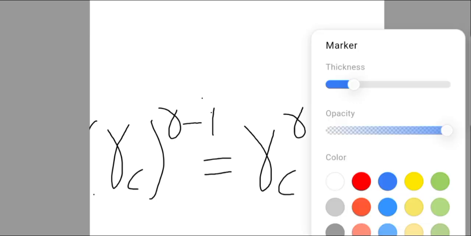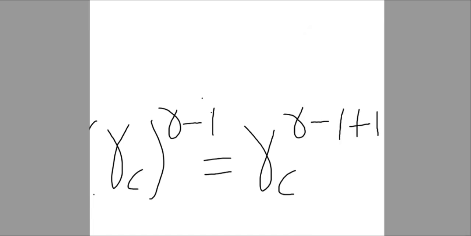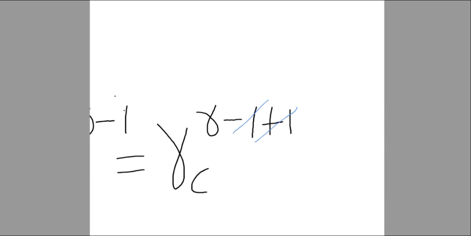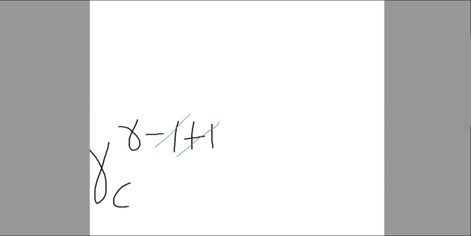And our minus 1 here is going to cancel out with our plus 1. So this is going to be equal to the cutoff ratio raised to power gamma. So this is equal to our cutoff ratio raised to our gamma.